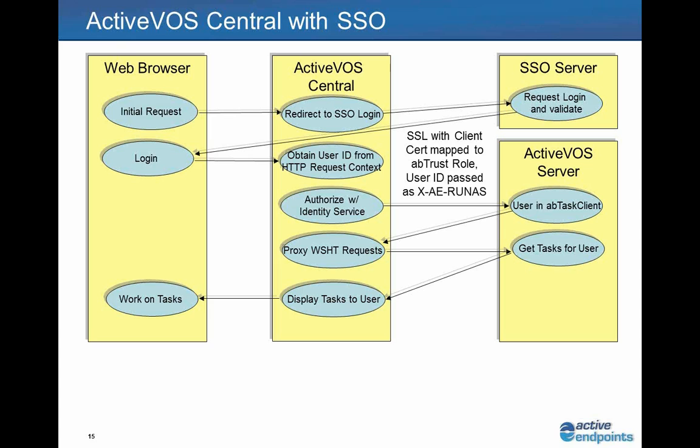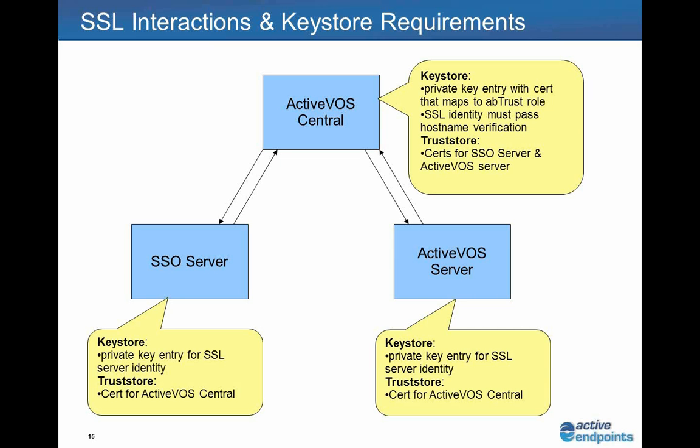So it has a way of trusting some applications to merely make assertions about the identity of who's doing the work. And so another kind of summary of who's keeping track of what. The single sign-on server has the private key for SSL server identity.